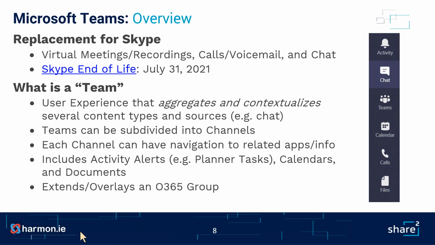If we're in a team that represents that particular project, then all that chat goes there. All of the activity alerts happen in that channel. The documents are stored there. So it pulls together these different pieces of content. The documents actually live in the Office 365 group, but I can see them and work with them within the team. So it aggregates and contextualizes them around whatever that topic is.